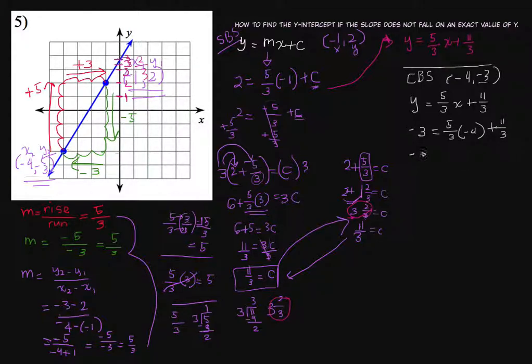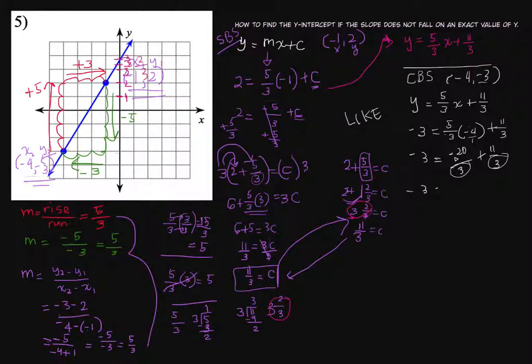Okay? So -3 is equal to, and as we know, multiplying a fraction by a whole number, we know that the whole number has a denominator of 1, and then just multiply numerator to numerator, -20, over denominator to denominator. 3 times 1 is 3, plus 11 over 3. So -3 is equal to, since they are like fractions, okay? Like fractions mean they have the same denominator.